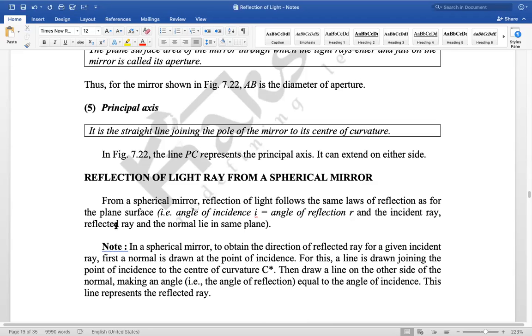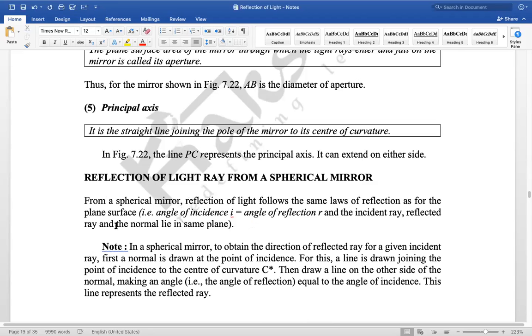Just as in a plane surface the angle of incidence was equal to the angle of reflection, similarly in a spherical mirror also, I is equal to R, right? And the incident ray, reflected ray and normal all lie in the same plane; this is also valid here. So these laws of reflection are valid in a spherical mirror too.